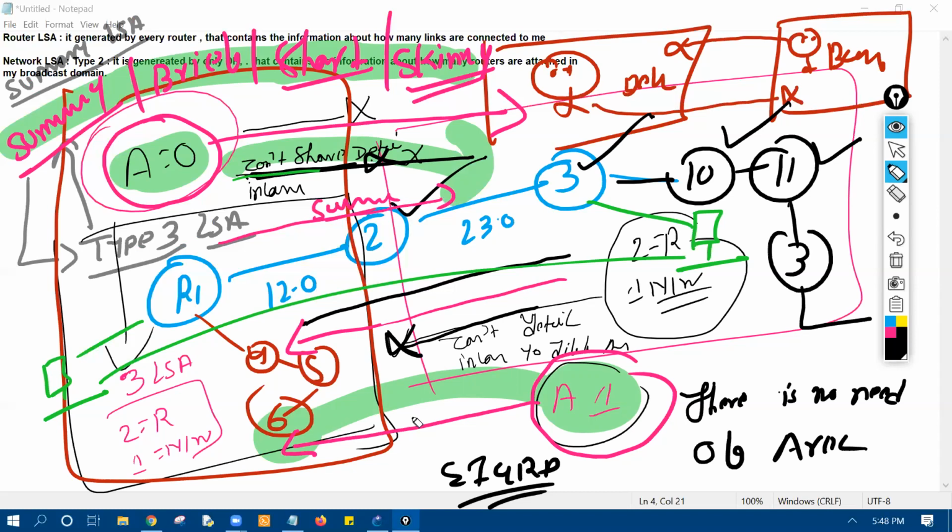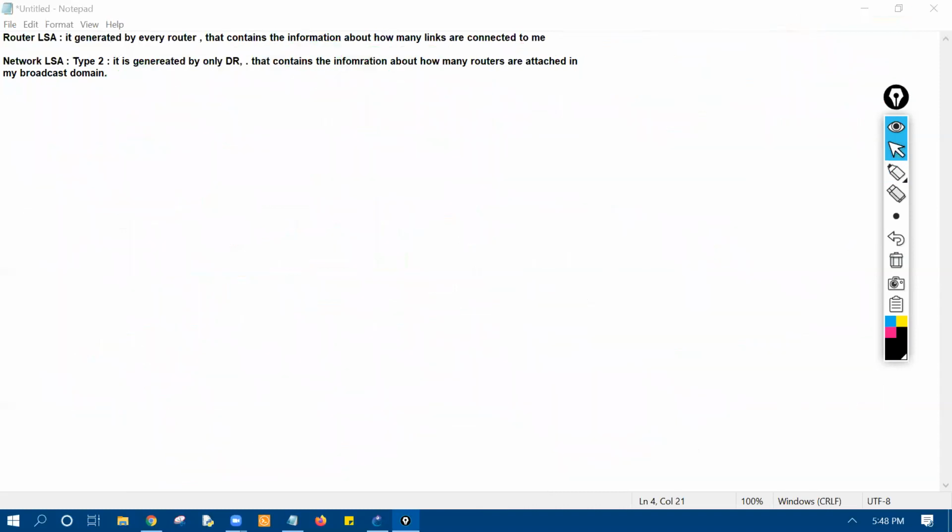So the next LSA we have is the summary LSA. This is a type 3 LSA, and the condition of this LSA is that it is only generated by the ABR router.